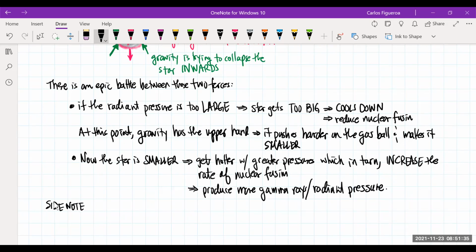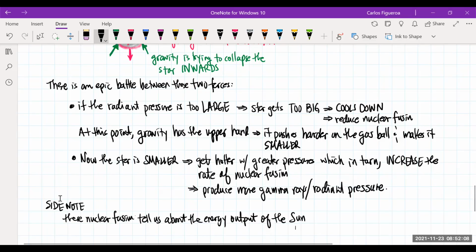As a side note, these nuclear fusions tell us about the energy output of the sun.